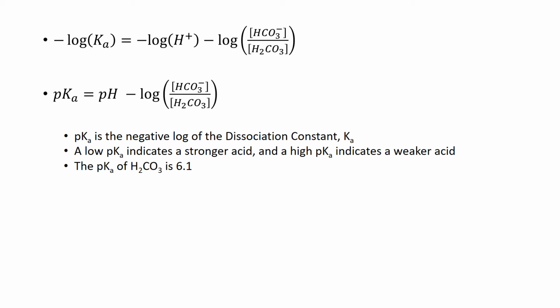pKa is, as you can tell, the negative log of the dissociation constant K sub A. A low pKa indicates a stronger acid, and a high pKa indicates a weaker acid. We can prove that mathematically, but more importantly, what does that mean functionally?